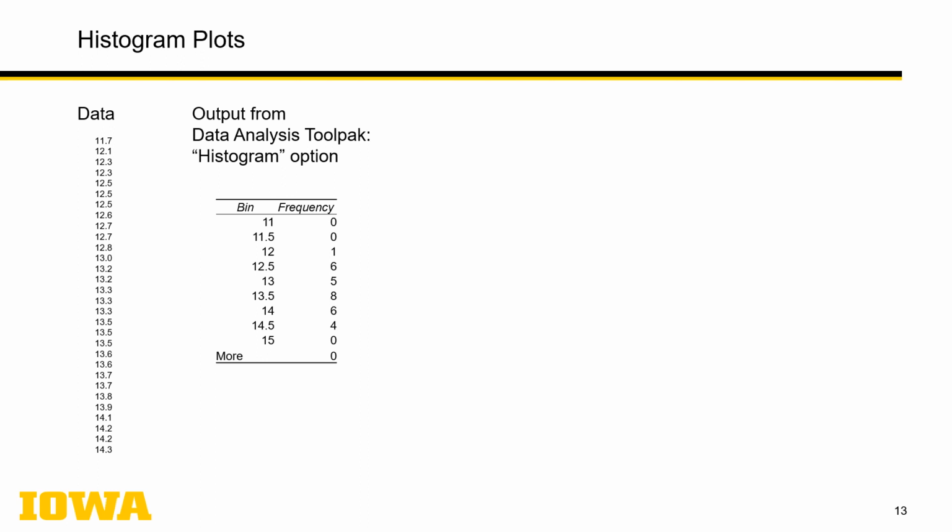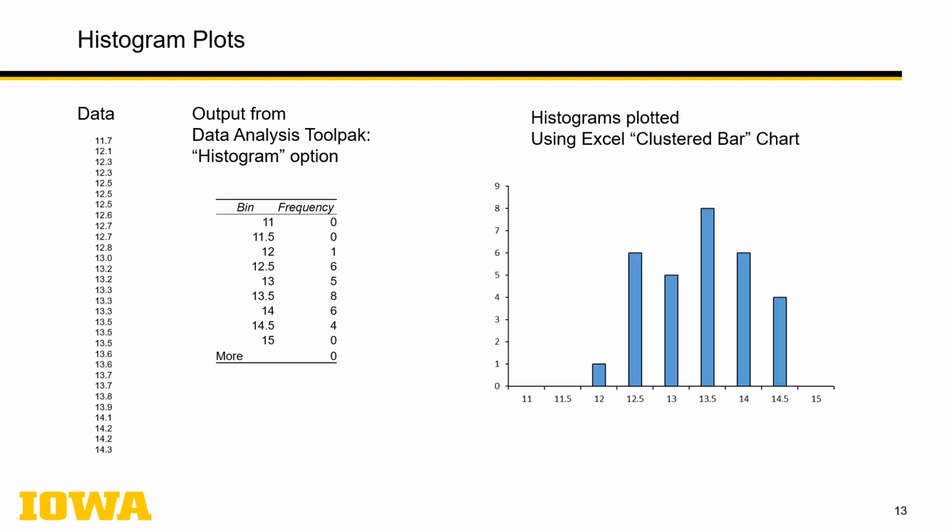Again, it's hard to do by hand in Excel. Now you can create a bar chart, in this case a clustered bar chart as it's called, which indicates the frequency of values within those ranges. And so this is now a histogram, and it gives you an idea of how, again, the values are distributed. In this case, between about 12 and 15.